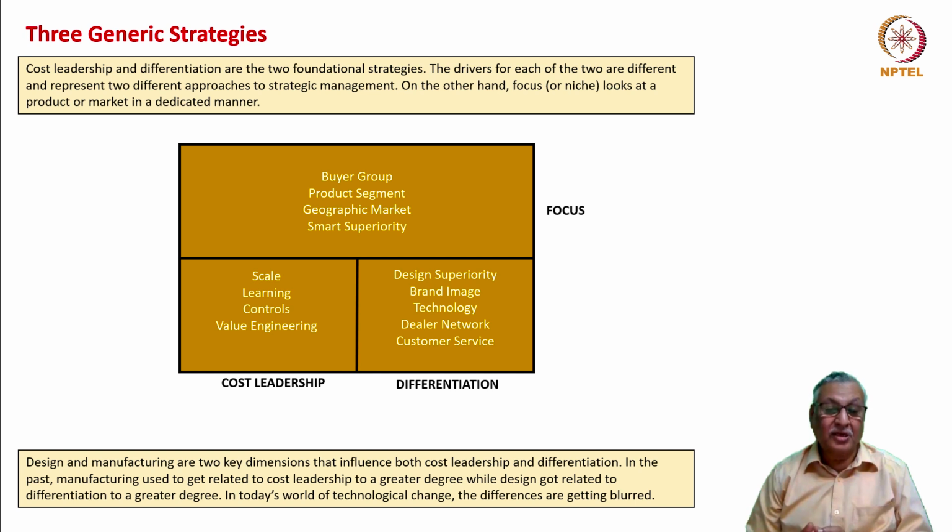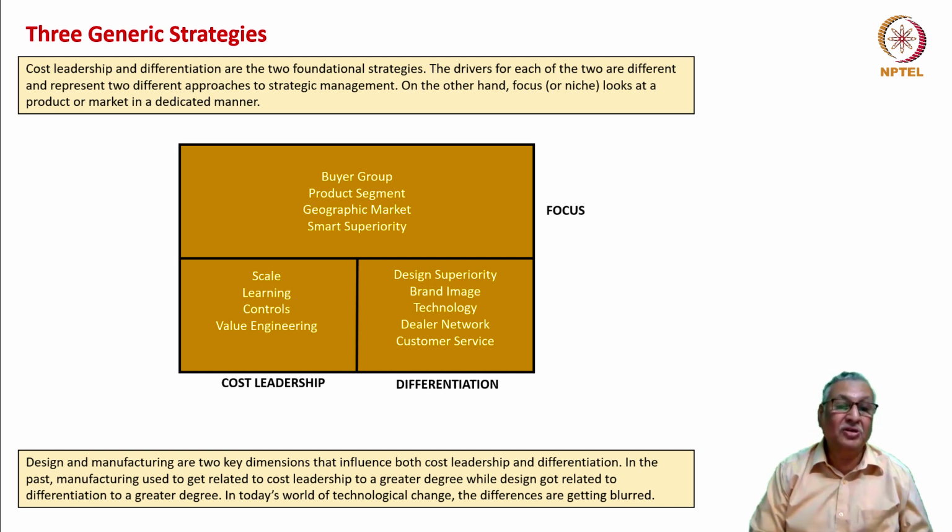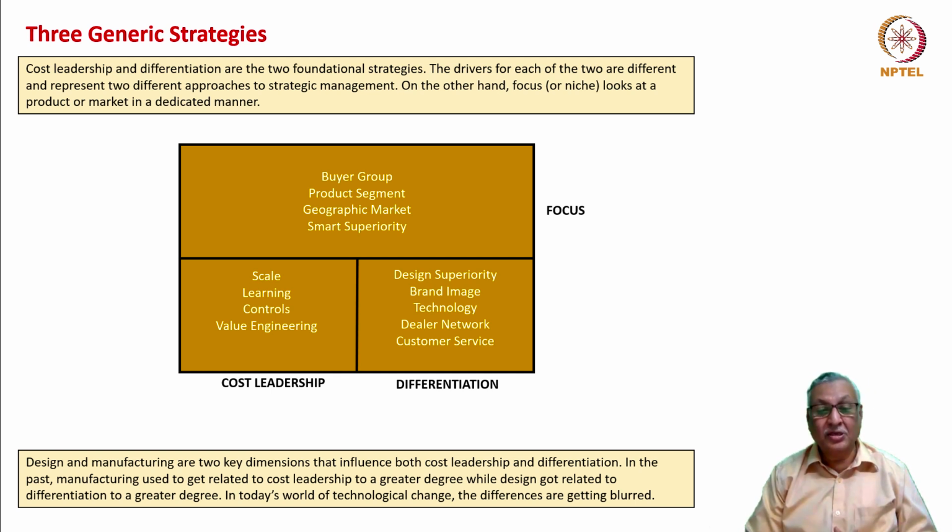Let's not confuse ourselves into thinking that design superiority doesn't exist in companies with cost leadership. Suppose a company has a capability to design components in such a manner that they are lighter but stronger, of lower cost materials but of higher strength quality, then that design superiority leads to cost leadership of that company.